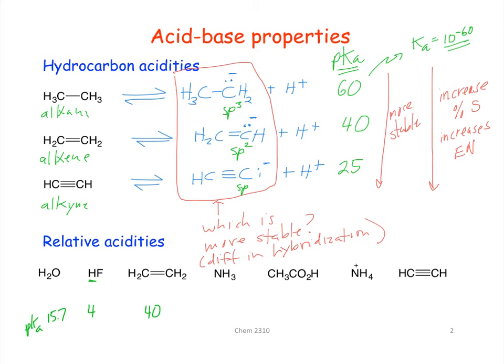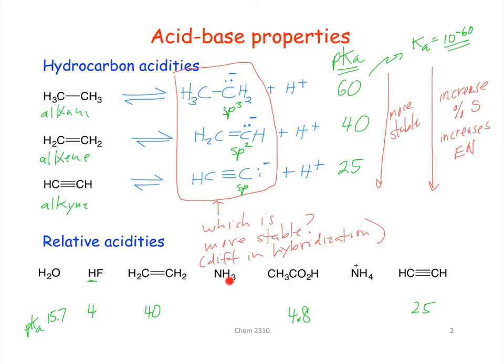What other ones do we know here? The alkyne over here is 25. What about this acid here? Does anybody know what that one is? Okay, so this is acetic acid, and its pKa is about 4.8. Then what do we have left? We have ammonia, and we have the ammonium ion.